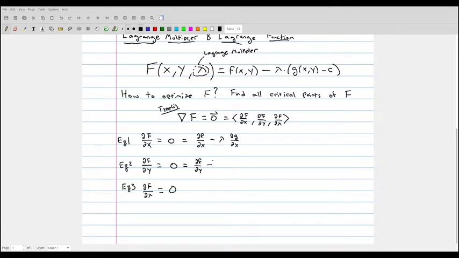And similarly, when you take the y partial derivative, you have that the y partial derivative of lowercase f minus lambda times the y partial derivative of g has to also be equal to 0.